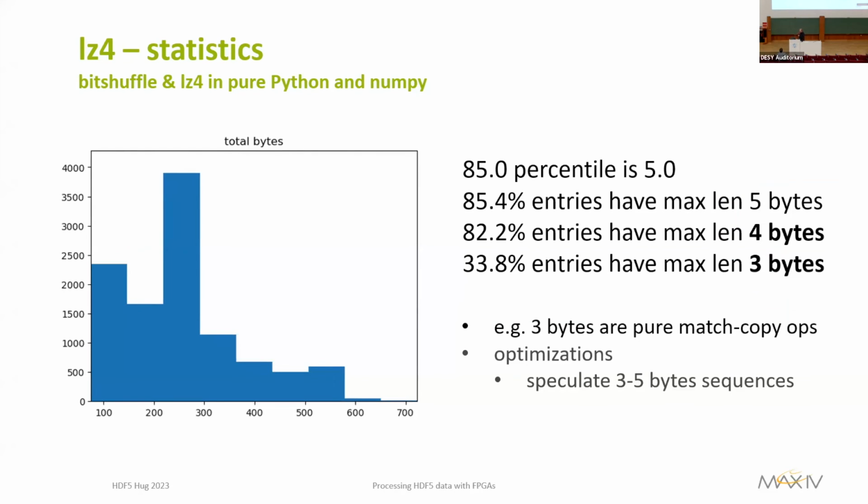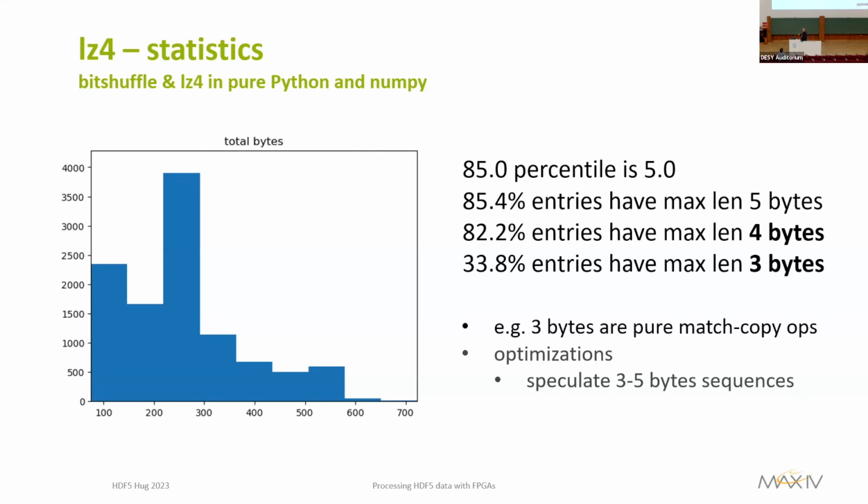On the other side, one can look the opposite way and ask how many sequences have in total a maximum of 3 bytes, 4 bytes, or 5 bytes. It is visible that already 85% of entries or sequences have only 5 bytes or fewer. For example, 33% have 3 bytes, and 3 bytes is a poor copy match operation in LZ4 and LZ77 compression schemes.